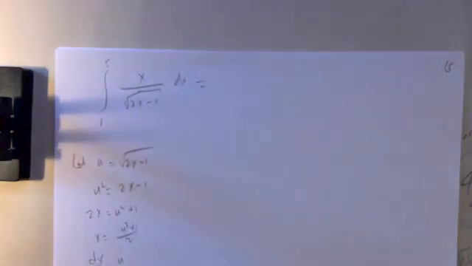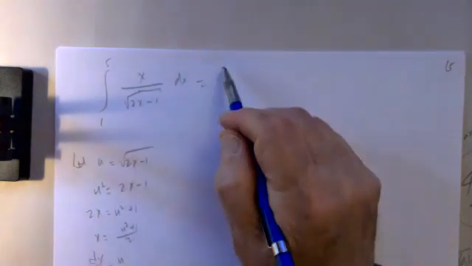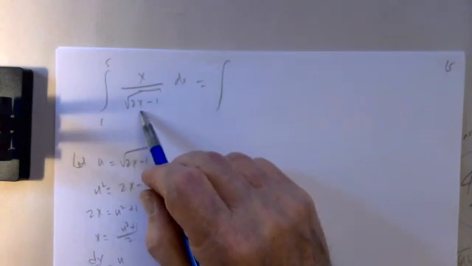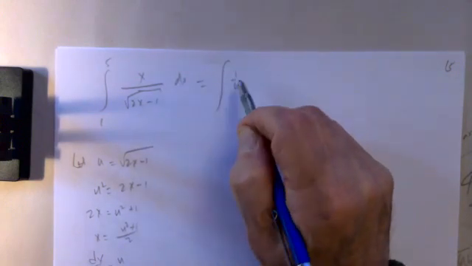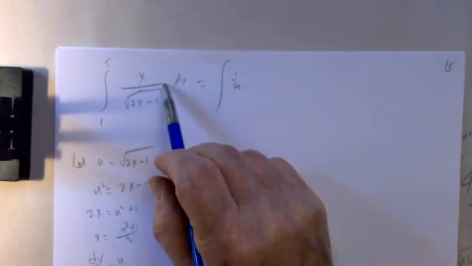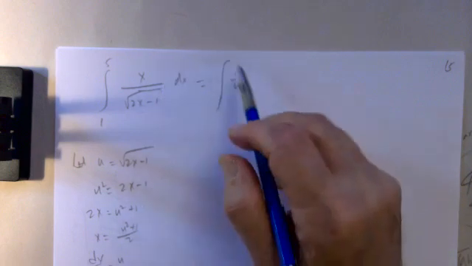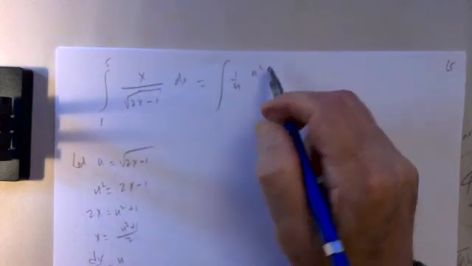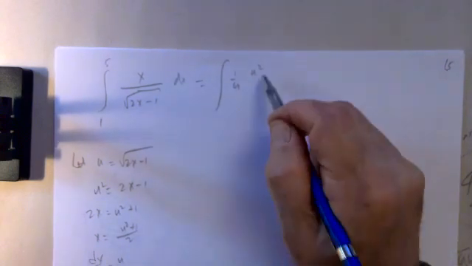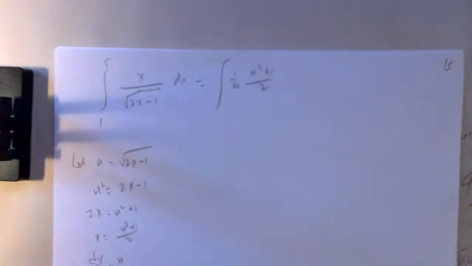So when I make my substitutions, I'm going to have an integral. This is 1 over u. And x is (u squared plus 1) over 2.